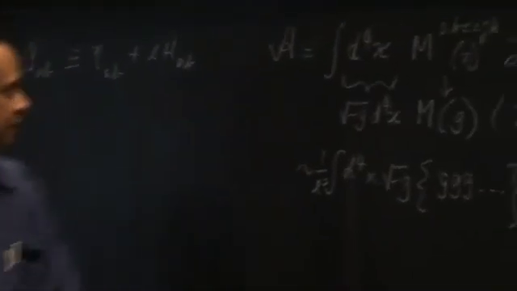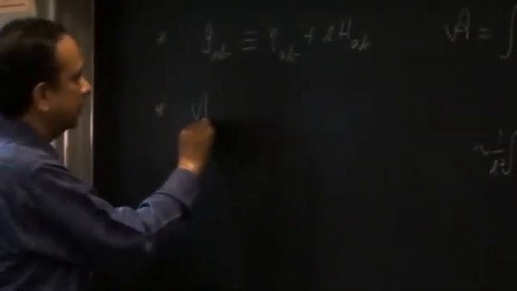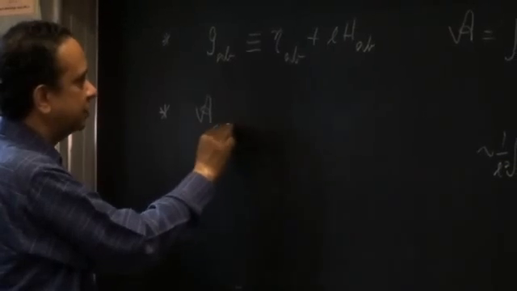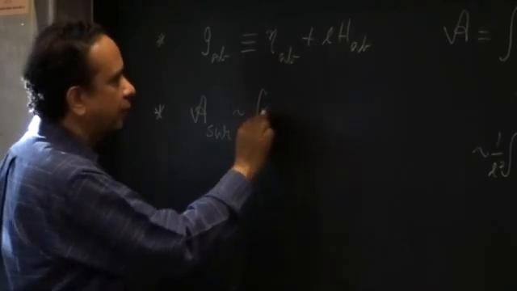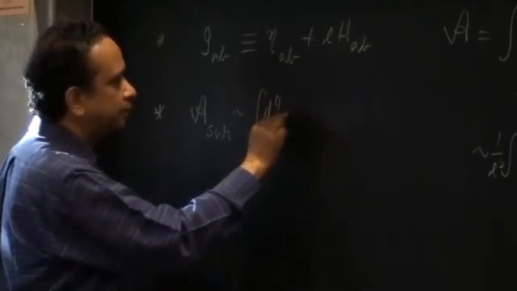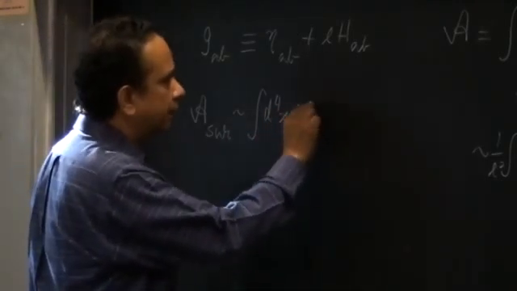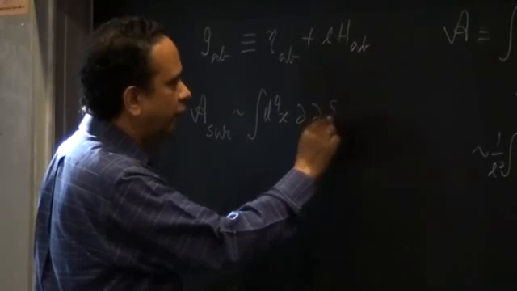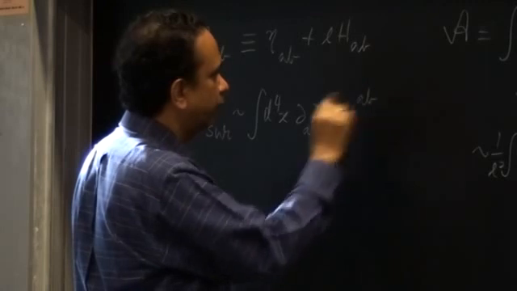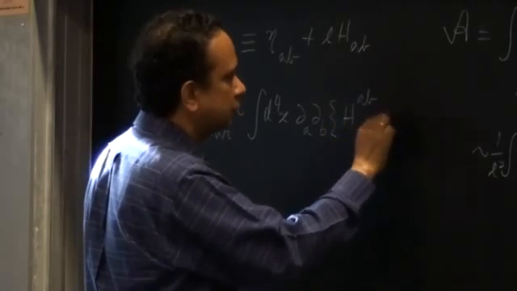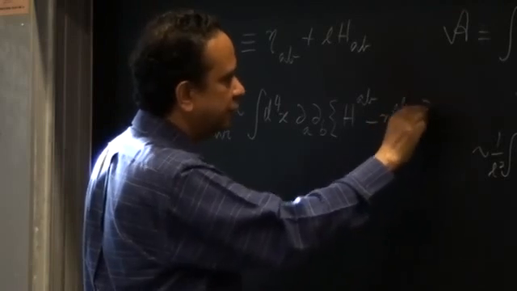What does the surface term lead to? Surface term leads to the following quantity, which I will write down. The surface action in the Einstein-Hilbert term, again, forget constants for today's talk, is the integral d4x ∂A ∂B of (HAB minus ηAB H), where H is the trace of HAB.